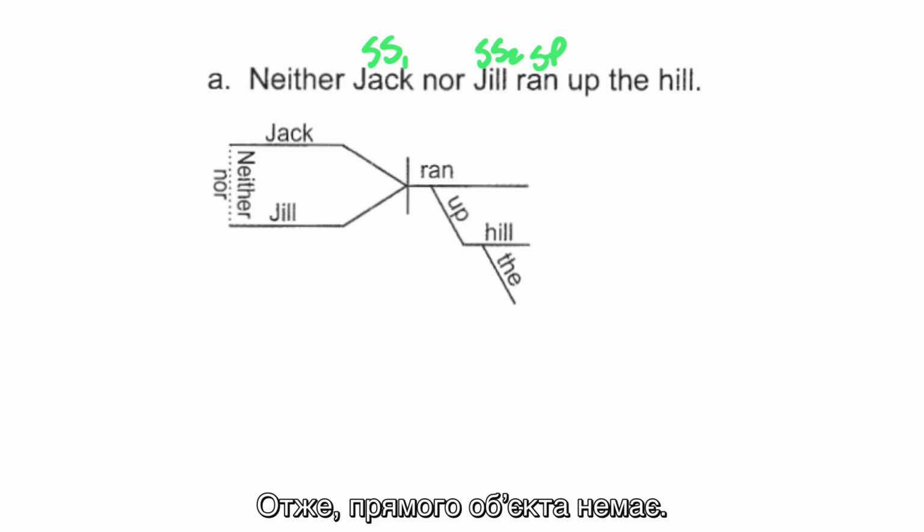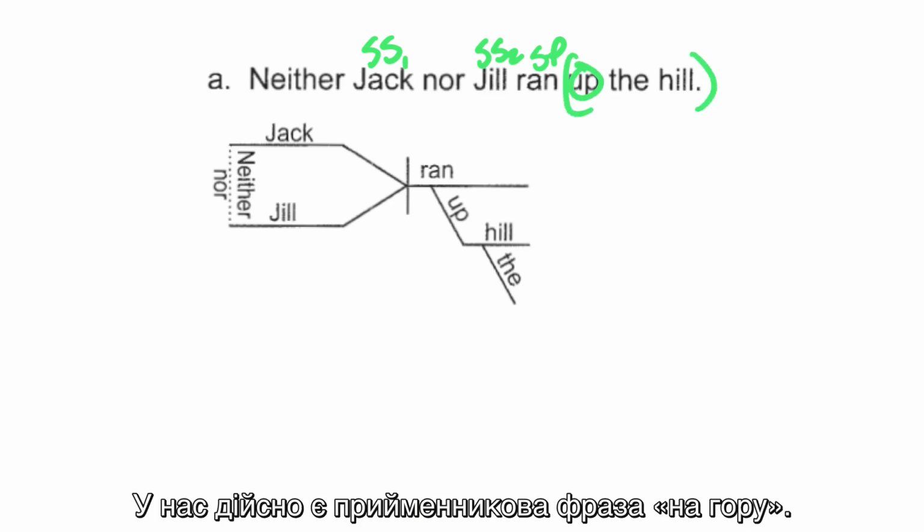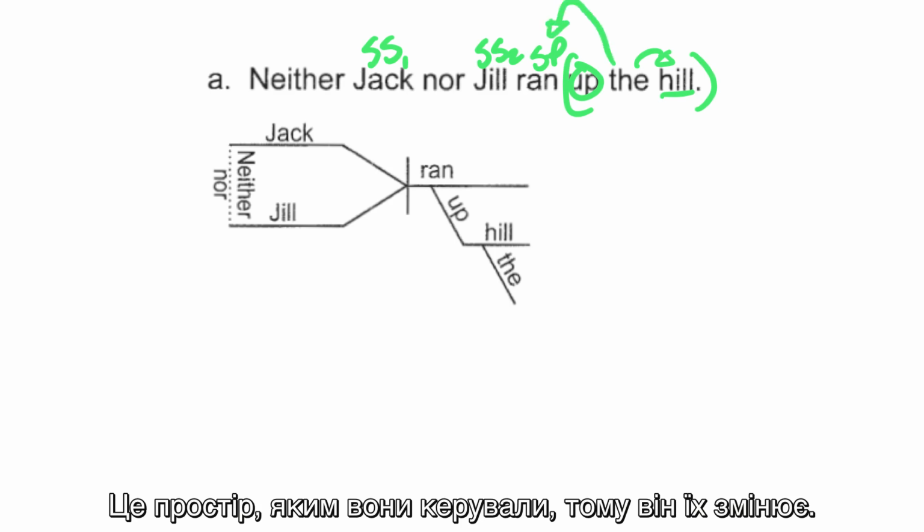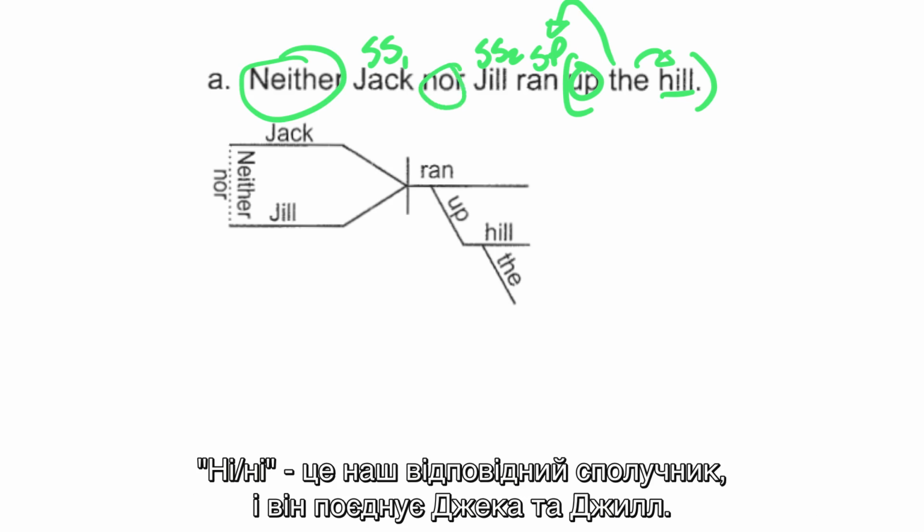So there's no direct object. We do have a prepositional phrase. Up the hill. Up the hill is either a time or a space. It is a space that they ran, so it modifies those. Neither/nor is our correlative conjunction, and it's combining Jack and Jill.